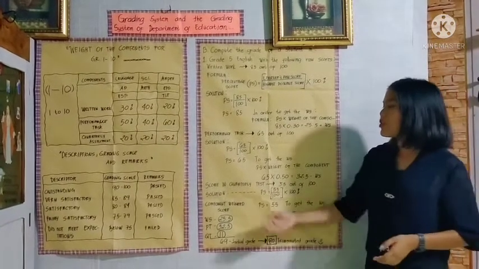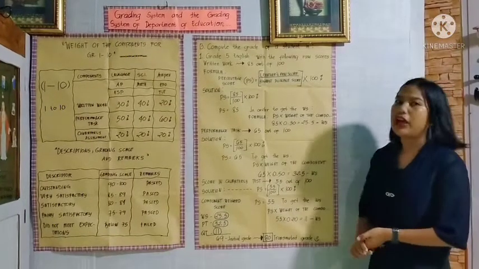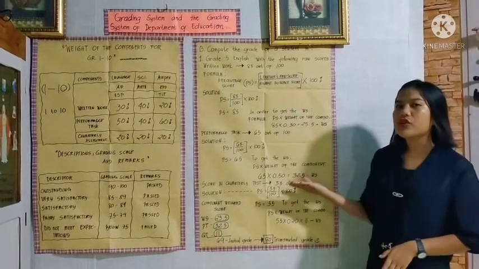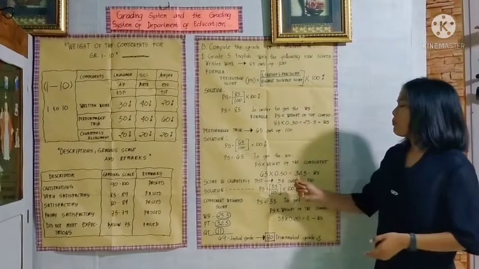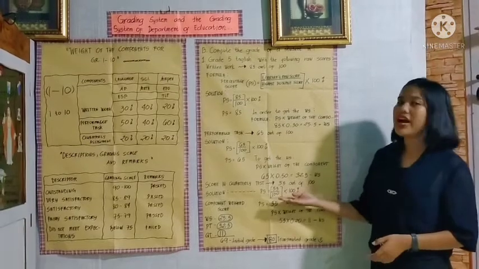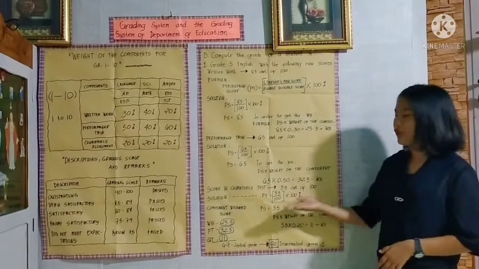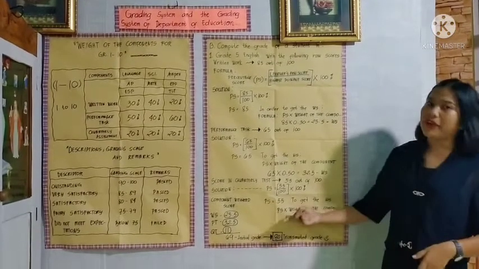Let's proceed to the score in the quarterly test. We have 55 out of 100. So 55 is the raw score and the 100 is the highest possible score. 55 divided by 100 equals 0.55, times 100% equals 55.